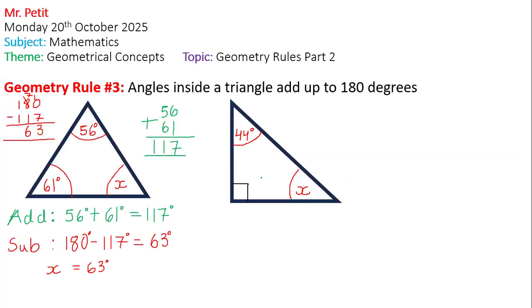Carlton, what does this box mean? When you see this box like that, what does that mean? The angle? Yeah, what does that mean? What does this box mean? Carlton, what degrees does this mean?